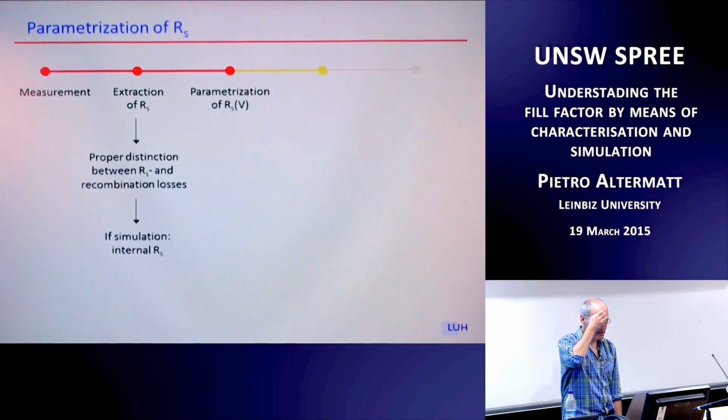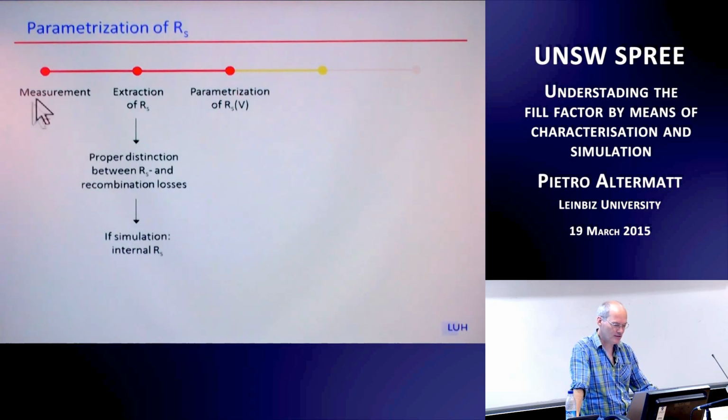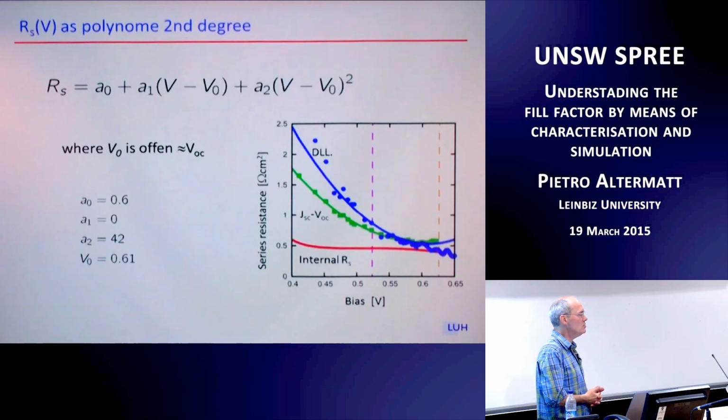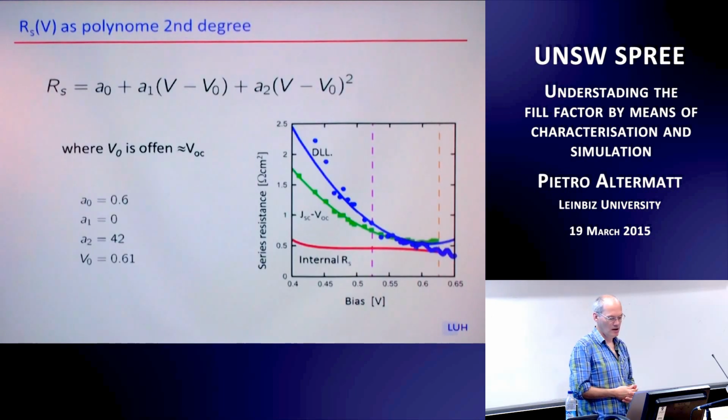So this then leads us from the measurement to a proper extraction of RS, and possibly simulation of the internal one if you simulate, to actually a parametrization of RS. I usually just use a normal polynomial and say V0 is often VOC because the resistance drops down towards VOC.